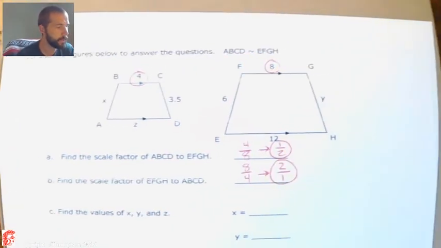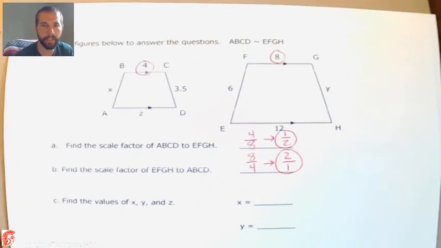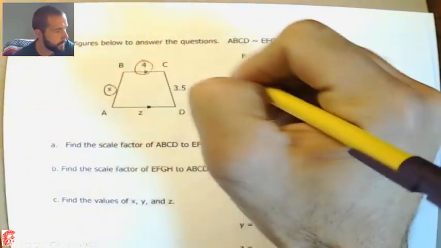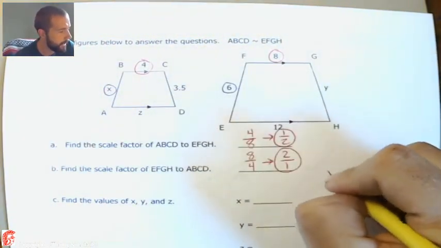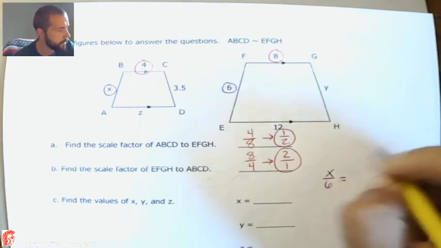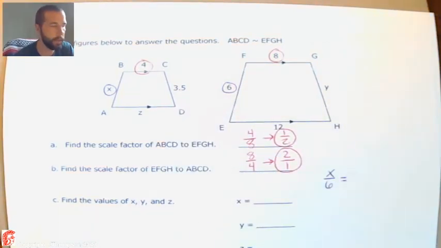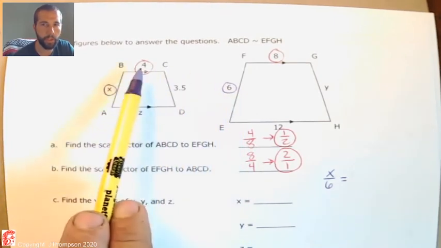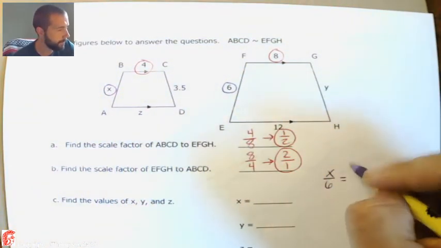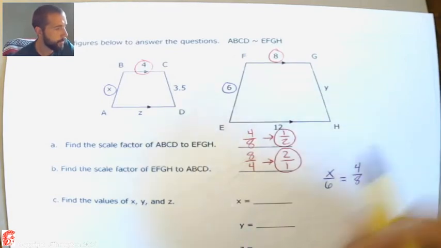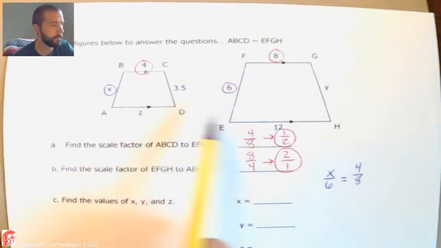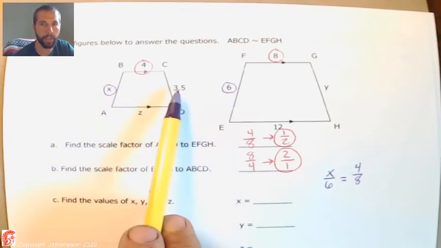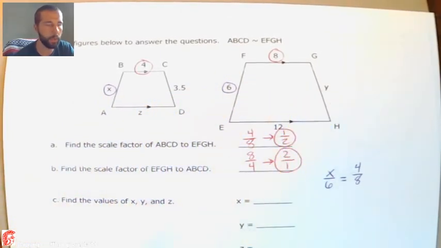Okay, now we're going to find x, y, and z. To find x, let's see, what does x correspond with? x corresponds with 6, so I'm going to write x over 6 equals, and now I need to do another ratio. I did one from the left side over one from the right side, so now I'm going to do 4 over 8. I can't do x over 6 equals z over 12 because we don't know what z is. And I can't do x over 6 equals 3.5 over y because we don't know what y is.